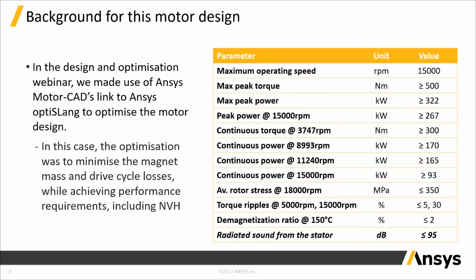So as discussed earlier in the webinar series, we set the requirements for this motor and optimize the design to minimize the magnet mass and the drive cycle losses. However, many of these performance targets are really directly opposing what will be ideal for a quiet motor, particularly minimizing things like the air gap size and maximizing the flux density in that air gap.